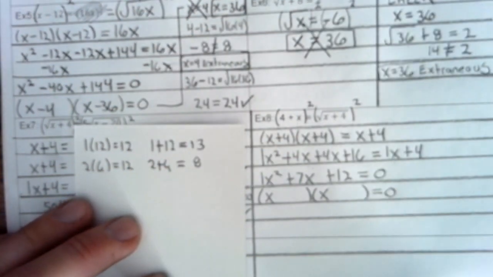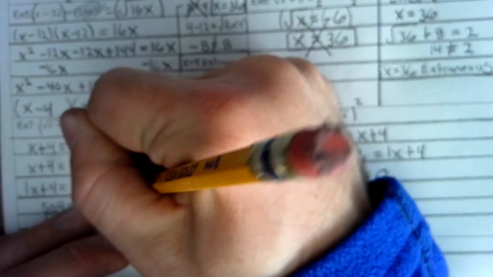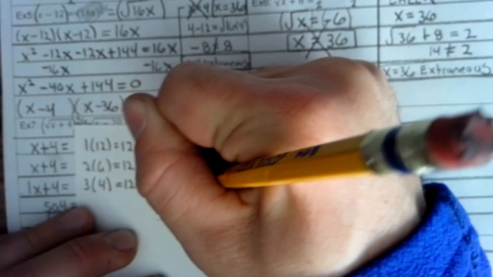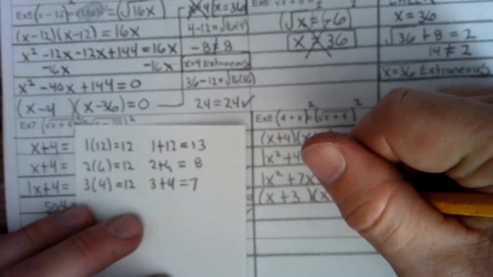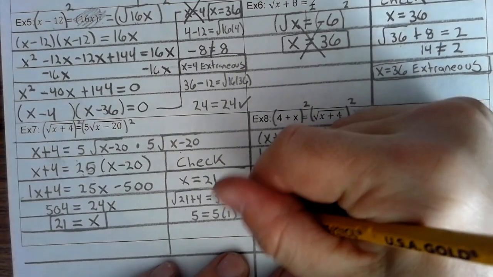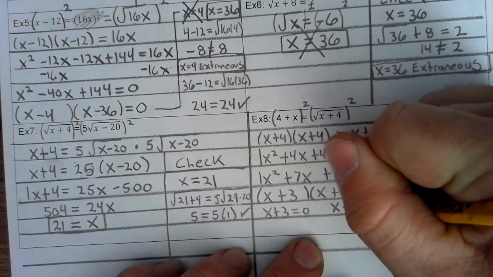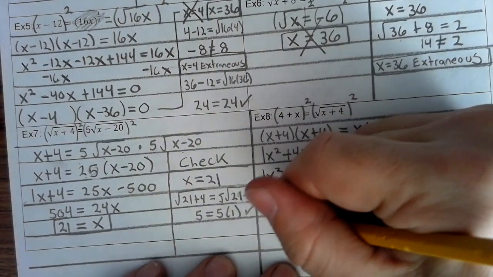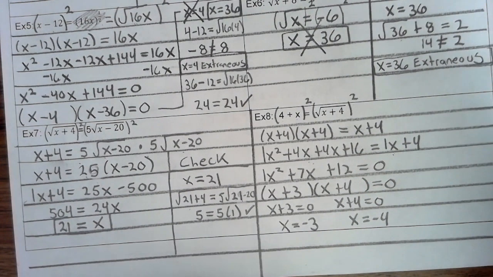That didn't work. 3 times 4 is 12. 3 plus 4 is 7. That works. So x plus 3, x plus 4. So you have x plus 3 equal to 0, x plus 4 equal to 0. So x equals negative 3, x equals negative 4.